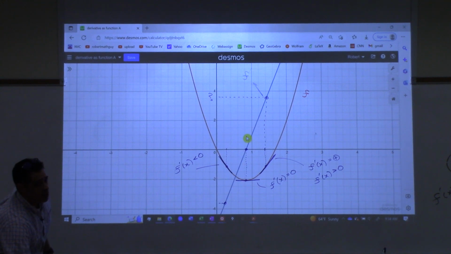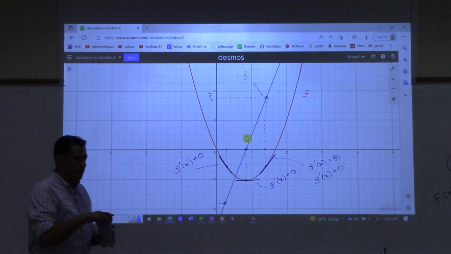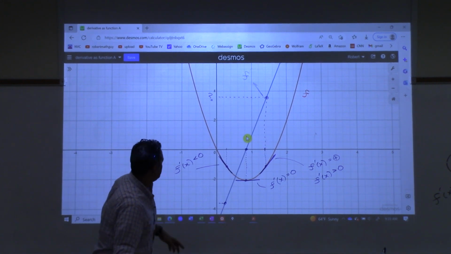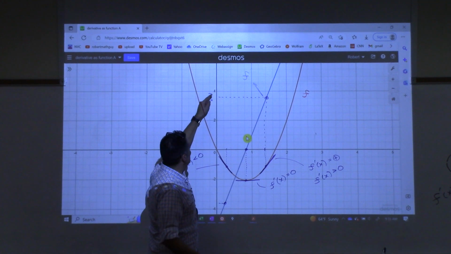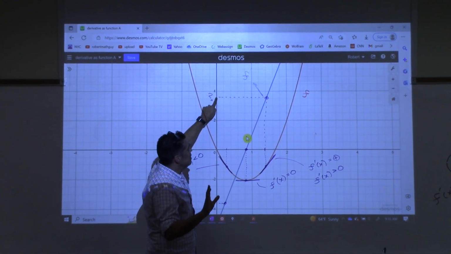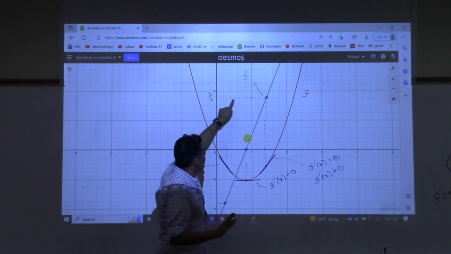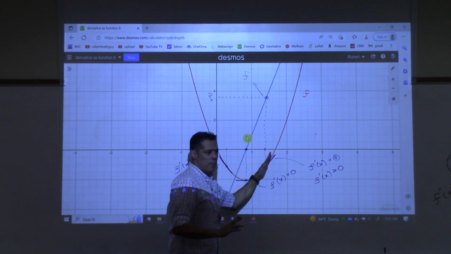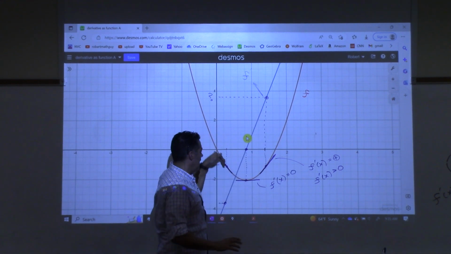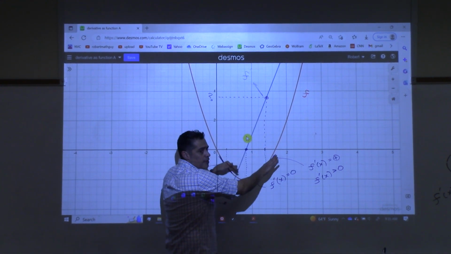Anybody need clarification? Yes? On the y-axis, wherever that question mark is by 4, that would be like the slope. Whatever this number is, let's just say it's 3.75. That number 3.75 would correspond to the slope of that line right there. So the red curve has a bunch of tangent lines all over the place.